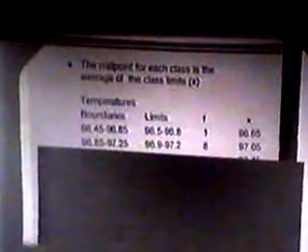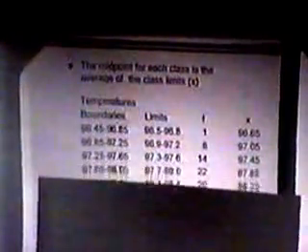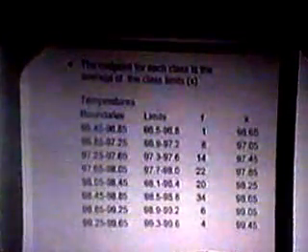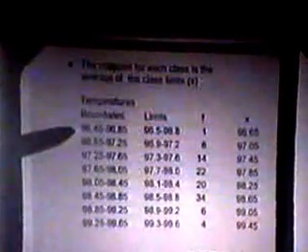So the next one should be 97.45. After you find the first one, you can add the interval all the way down. If you notice, the interval 0.4 is the same between each limit. It's the same between each boundary. It's the same between each midpoint.